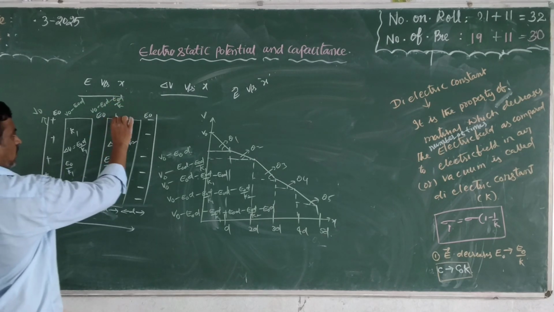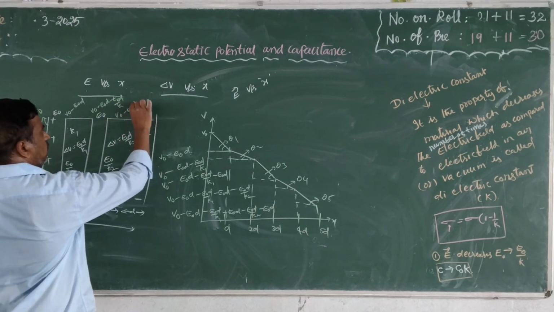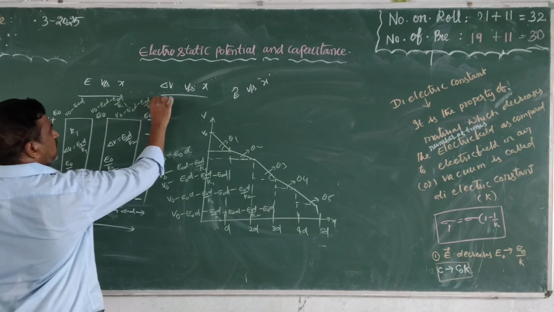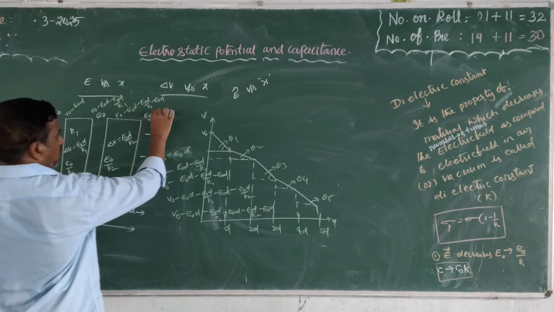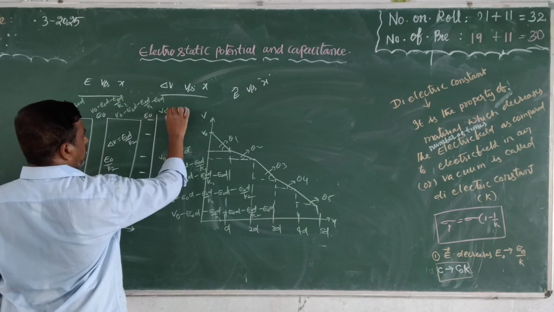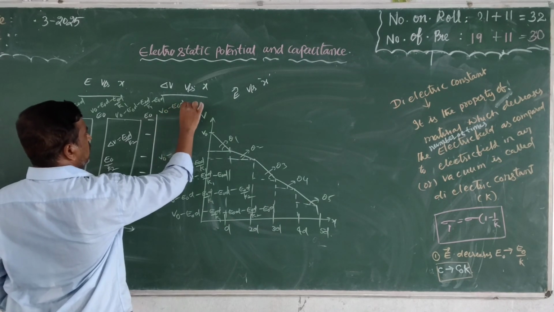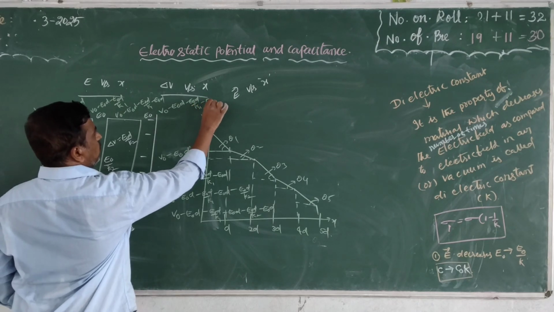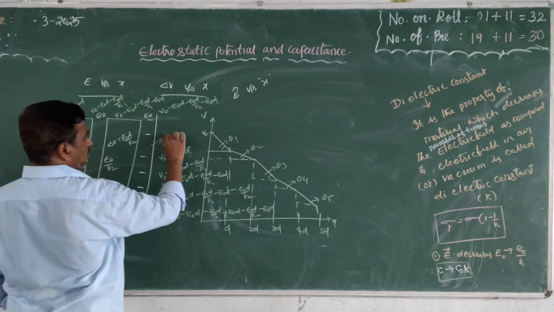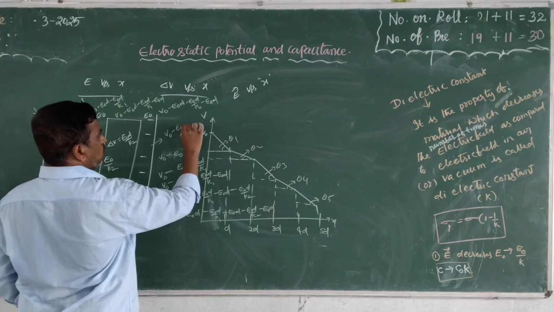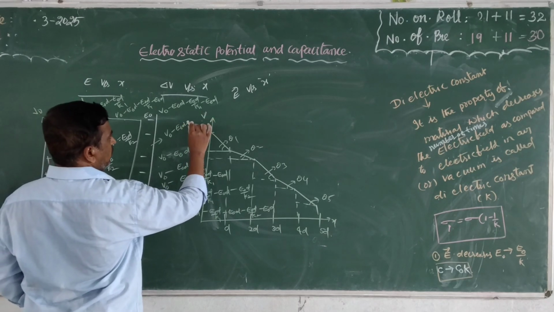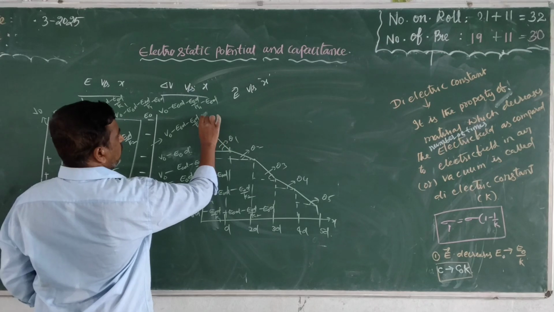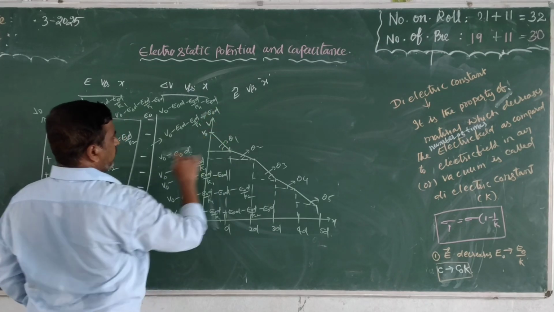Then V naught minus E naught D minus E naught D by K1 minus E naught D. Here the final potential is V naught minus E naught D minus E naught D by K1 minus E naught D.